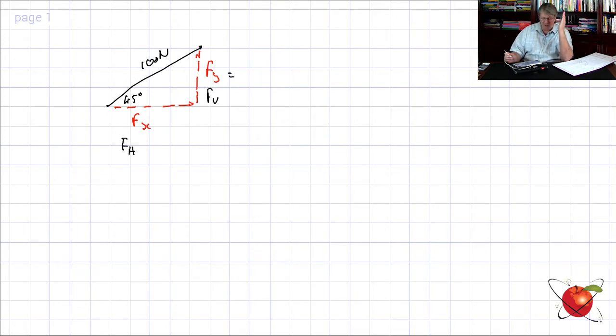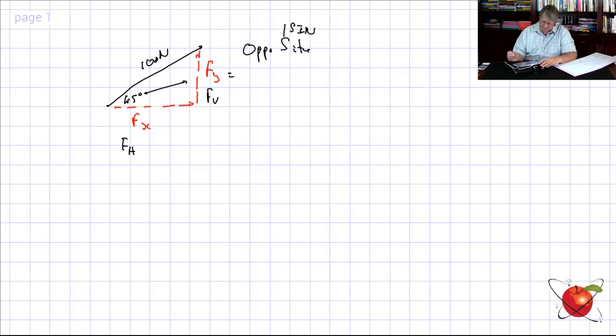Okay, horizontal, vertical, right? So all we've got to do is split it into components. How much is pulling up and how much is pulling to the right or to the left? How do we do that? Well, we stand inside the angle here and we look out and we find opposite, which means sine. All right?